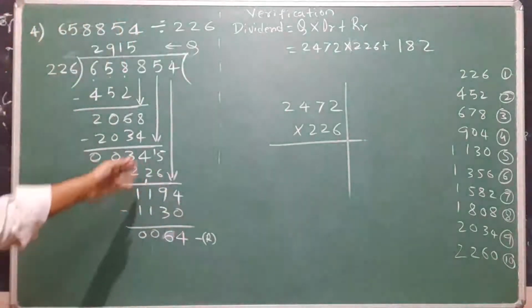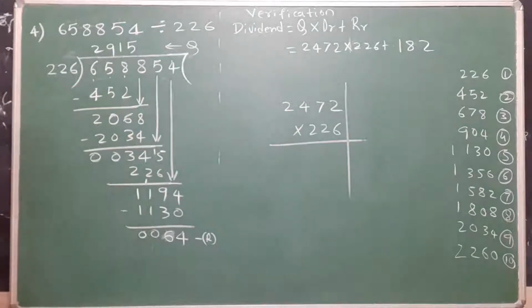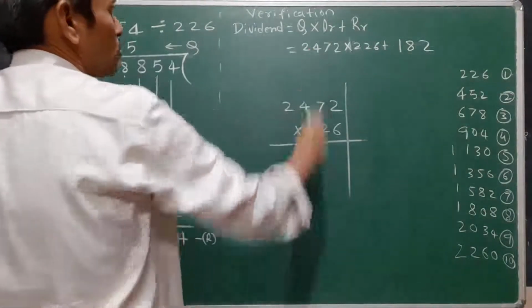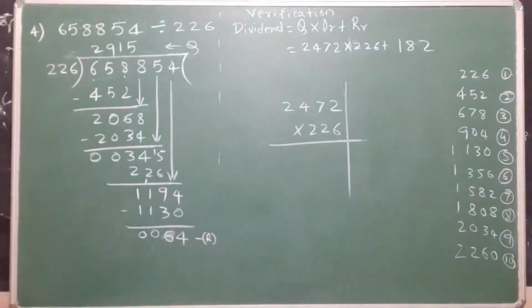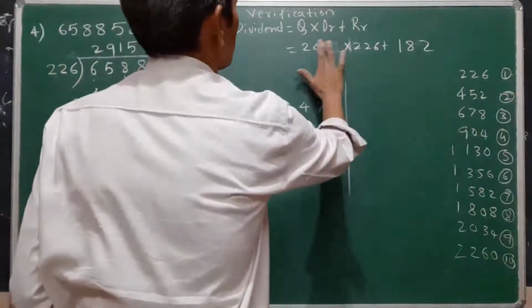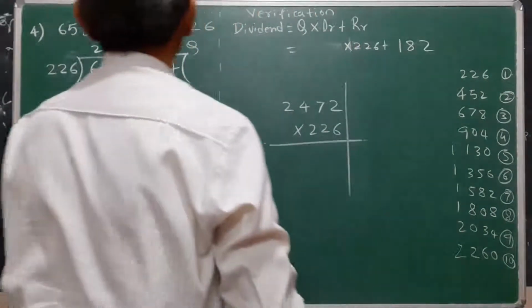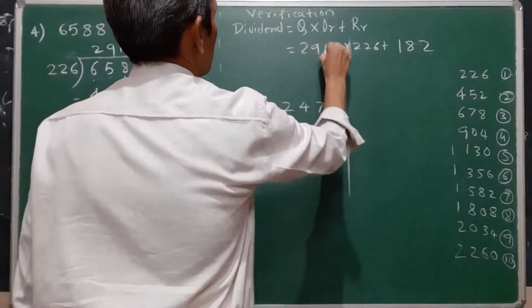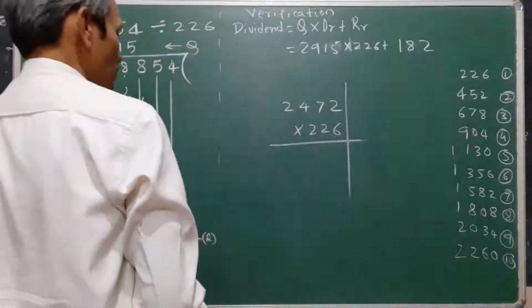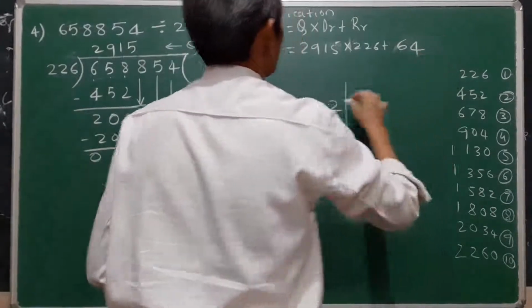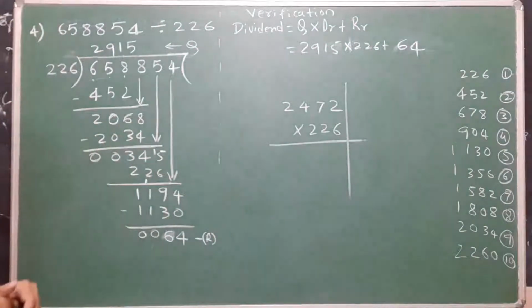Now we will verify this quotient and remainder by using this formula. Dividend is equal to quotient into divisor plus remainder. The quotient we got is 2915 and remainder is 64 and divisor is 226.